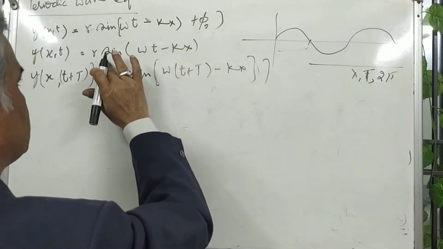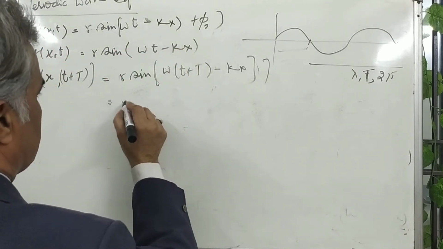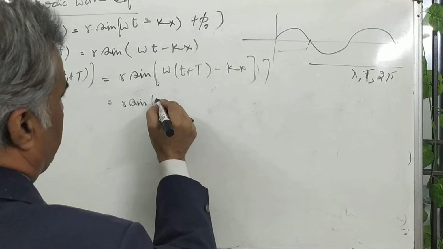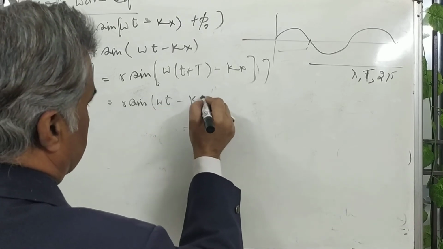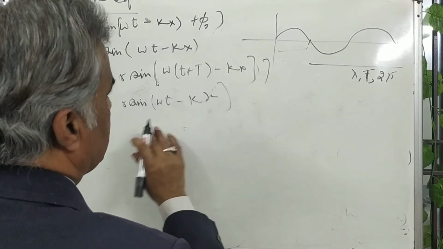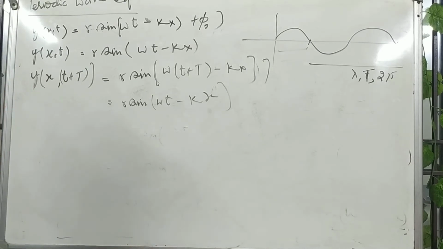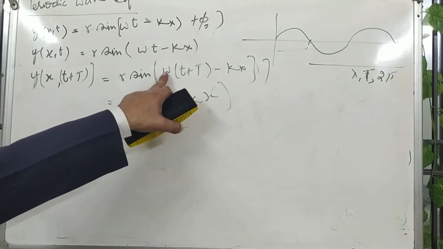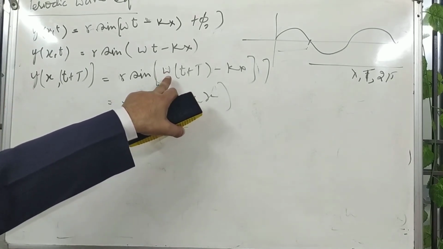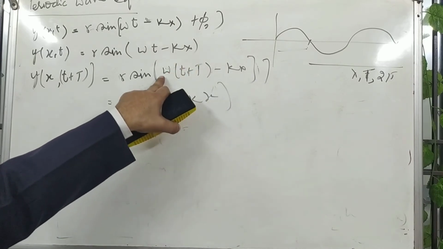On simplification, you will find the same: r sin (omega t minus kx), because omega equals 2 pi by T, so the T and T will be cancelled.